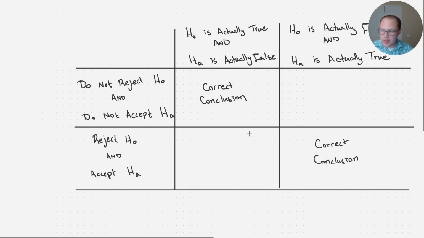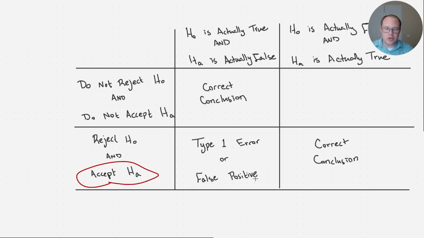Okay, that is not the actual truth. We call this situation a type 1 error. Or sometimes we'll call this a false positive. We falsely accepted the alternative hypothesis when it is actually false. Okay, false positive.